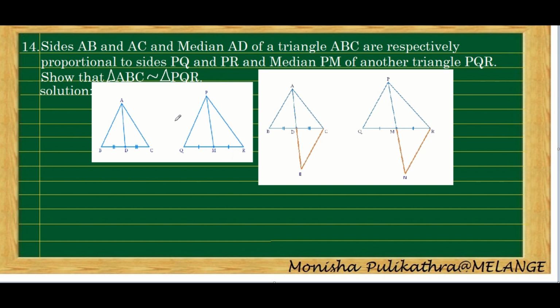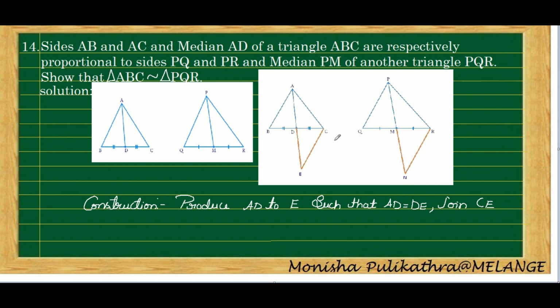In order to prove this, we need to make some construction and draw another triangle. So the construction is: produce AD to E such that AD is equal to DE, then join CE.